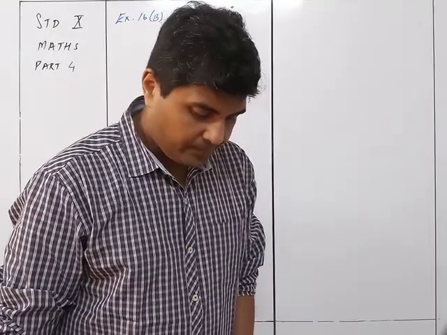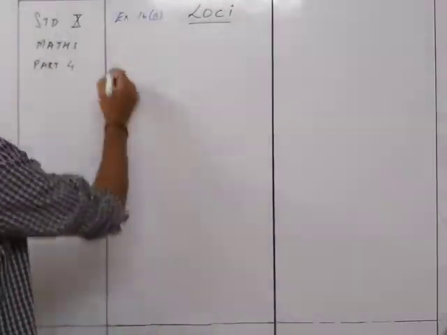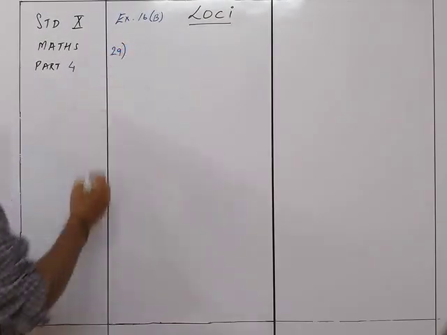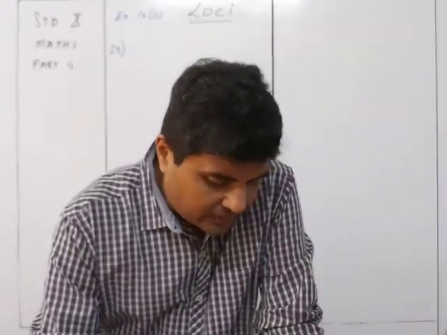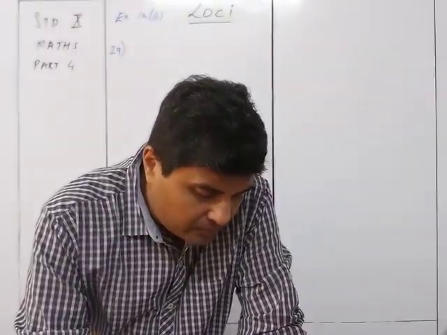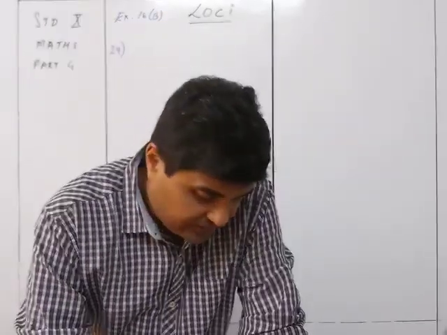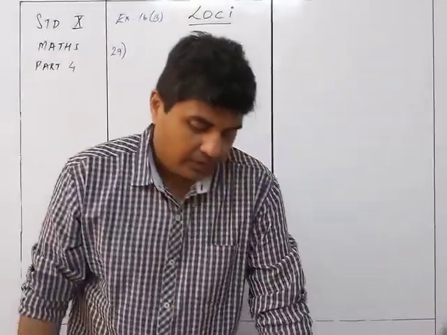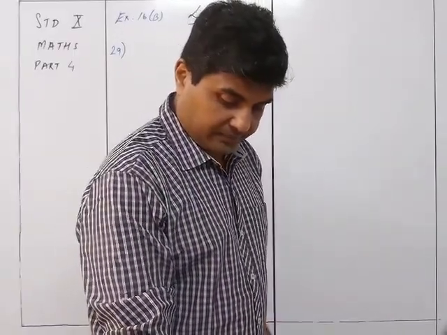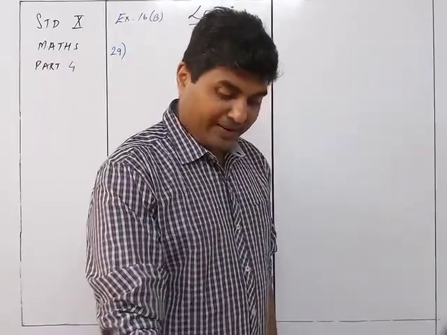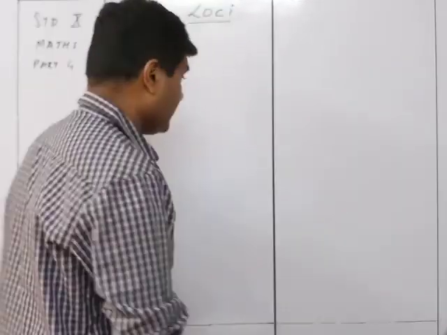Question 29. Plot the points A (2, 9), B and C. Again graph, ठीक है. So let's draw a similar thing. What we did, it's 2,9 and minus 1,3. So yeah, draw it.